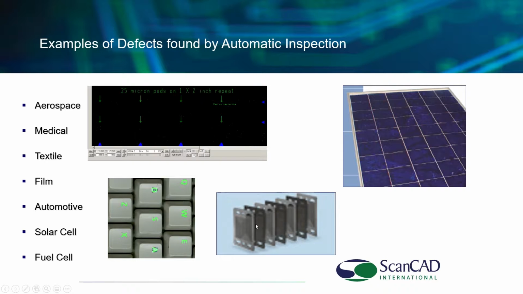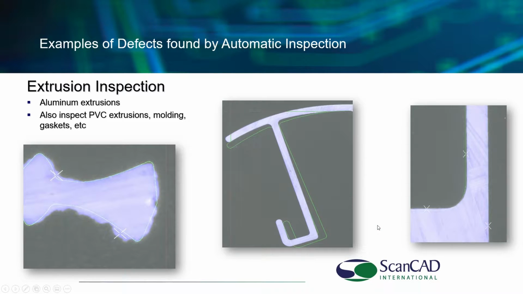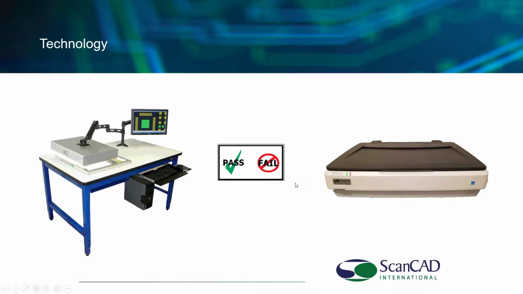Here's a fuel cell. Again, very important. Any holes in a fuel cell can be disastrous with the hydrogen situation. Here we have extruded materials. This is an aluminum extruded material. We can inspect the die or the finished part, perform all kinds of inspections on that and measurements if desired. That's just a snapshot of measurement inspection.